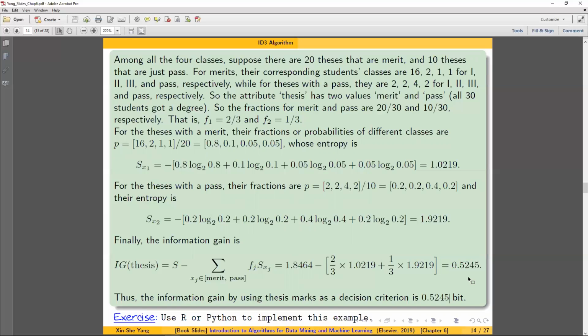For merit, their corresponding student classes are: 16 for 1, 2 for 2, 1 for 3, and 1 for pass. And for the thesis with pass, they have 2, 2, 4, 1 for 1, 2, 3, and pass respectively. So the attribute thesis has two values, either merit or pass.